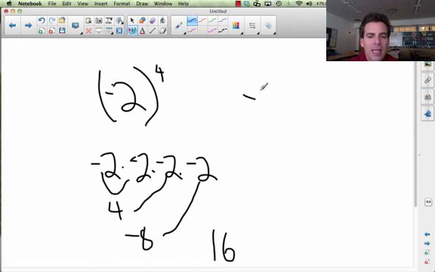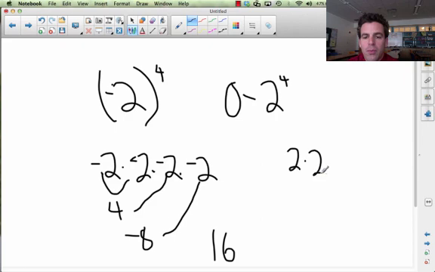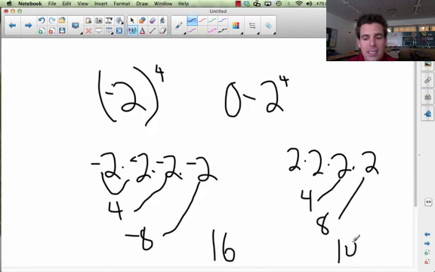But if I wrote it like this, negative 2 to the 4th, remember like my last example, just 2 is the base. That's like saying 0 minus 2 to the 4th. Well, let's do 2 to the 4th. 2 times 2 times 2 times 2. Easy enough. 2 times 2 is 4. Times 2 is 8. Times 2 is 16.